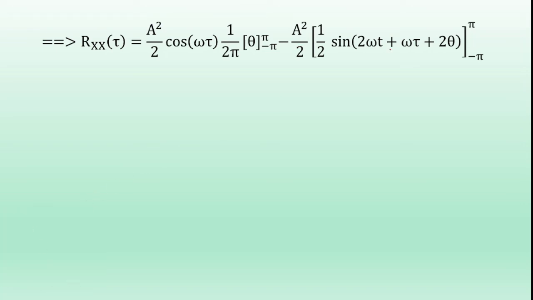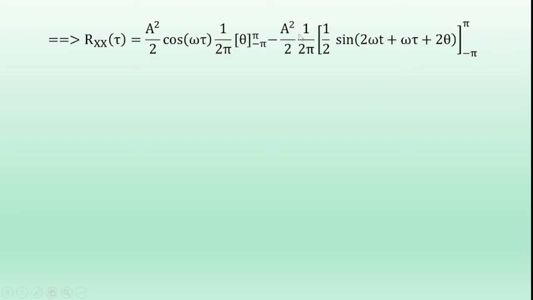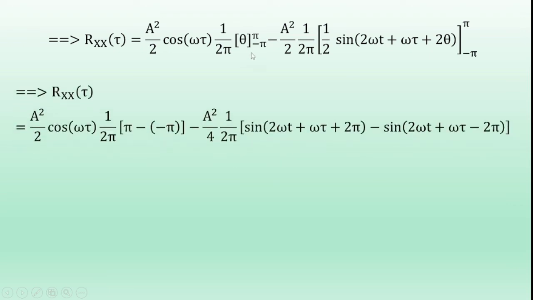minus A square by 2 into 1 by 2 pi. Now in the first term substitute the upper value of theta and the lower value of theta, giving pi minus of minus pi, and similarly in the second term substitute the upper and lower values of theta, giving sin of 2 omega t plus omega tau plus 2 pi minus sin of 2 omega t plus omega tau minus 2 pi.